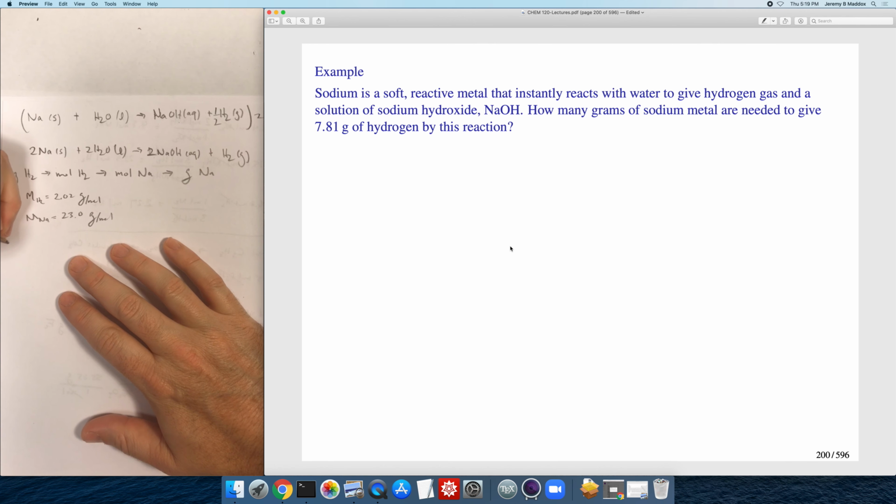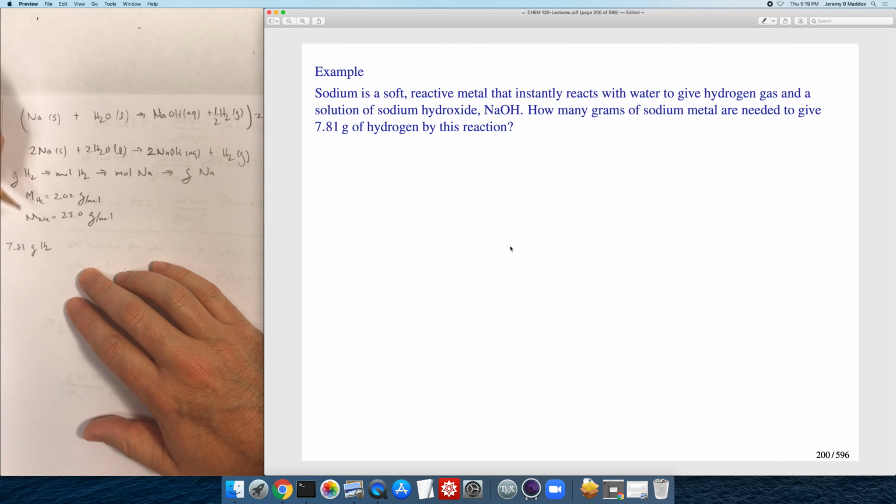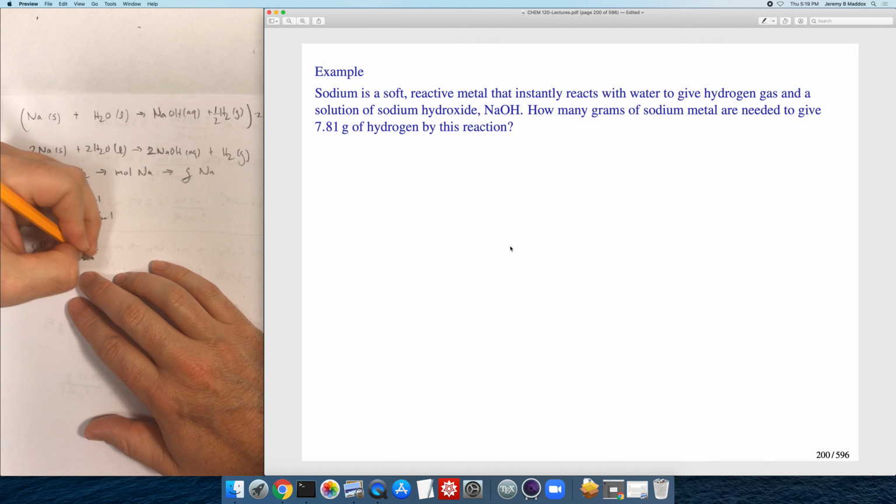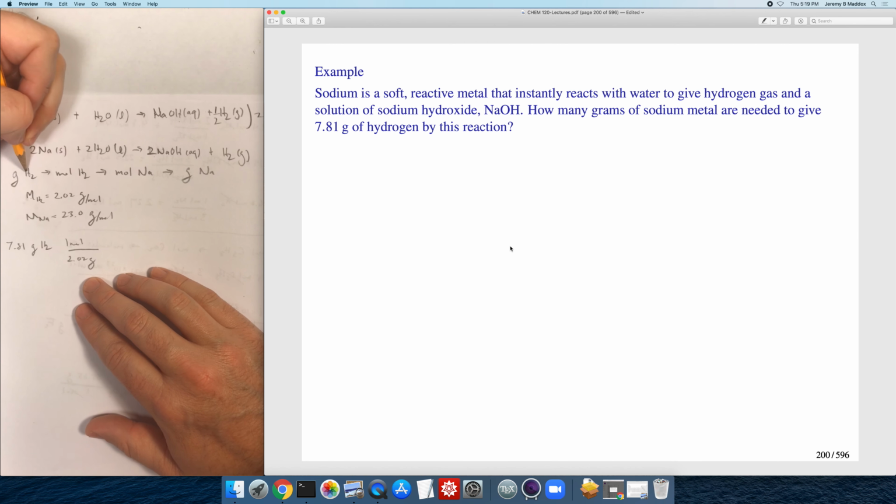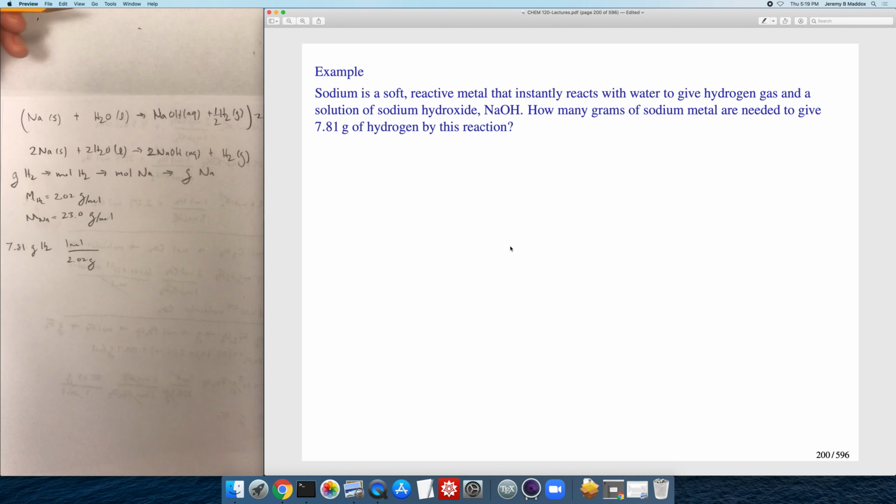So we'll take our 7.81 grams of hydrogen, and we will divide by the molar mass. Okay, so that's going to take us from grams to moles. Then we will use the stoichiometric coefficients to convert from moles of hydrogen to moles of sodium.